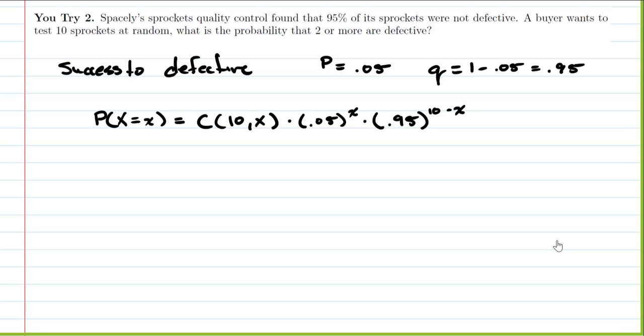So this gives us our function. So what would we want? Well, we need the probability that 2 or more are defective, so that's the probability that x equals 2 plus the probability that x equals 3 plus dot, dot, dot, all the way out to the probability that x is equal to 10, right?